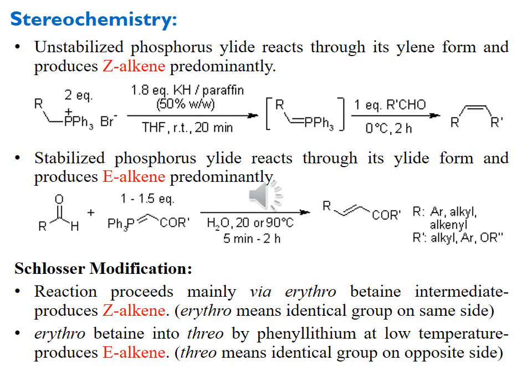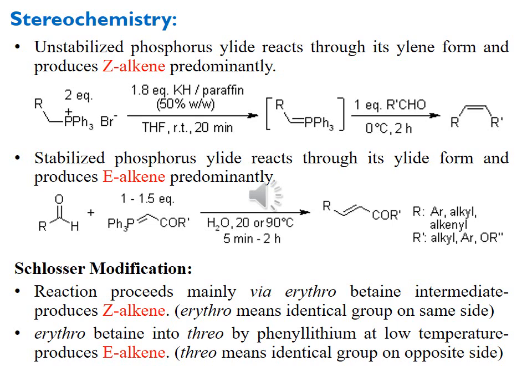Here is the example in which you can see that there is a phosphonium salt, which is reacted with a base, potassium hydride, to produce a phosphonium ylide, which contains only alkyl groups. So it is an unstabilized phosphorus ylide which reacts with an aldehyde to form a Z alkene. In case of stabilized phosphorus ylides, which react through their ylide form, it produces E alkenes predominantly.